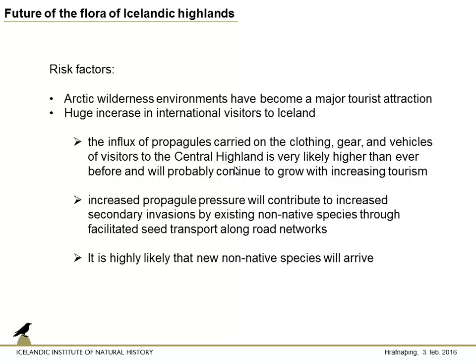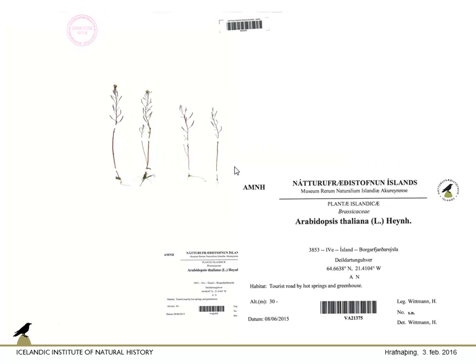Well, we have a number of new non-native species that we are quite sure were brought by tourists. I will just show you an example from last year. It's not from the central highlands, it's from a high temperature area, Deildartunguhver. And that's Arabidopsis thaliana. A big population is growing now in this high temperature area. It was found by a tourist, Helmut Wittmann from Austria.